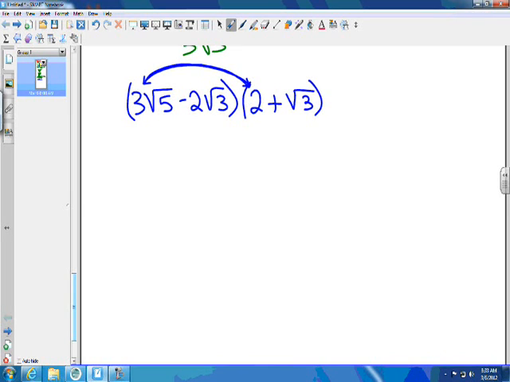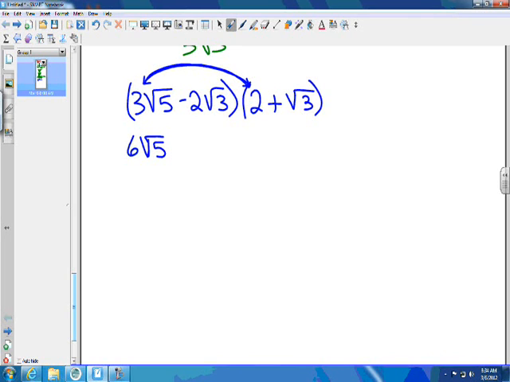Right. This 2 is just 2, and this 3 is just 3. There are no radicals involved there. So that's the two things that you'll multiply together. You will just do the 2 times the 3. If you had a square root of something there, then you'd multiply that times the square root of 5, but you don't. So it is just 6 square root 5.